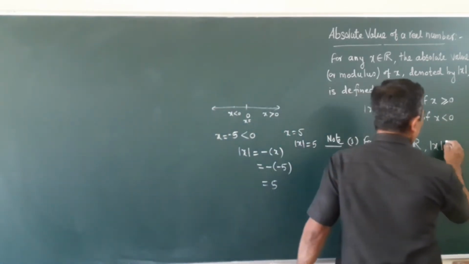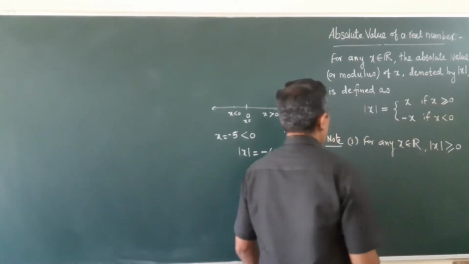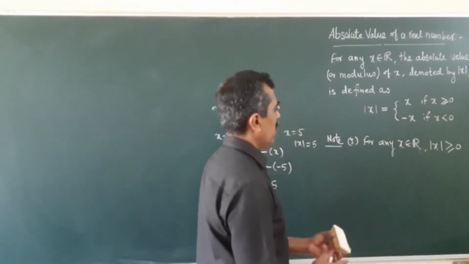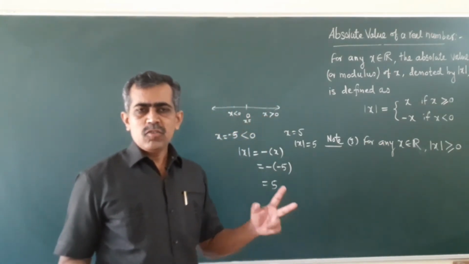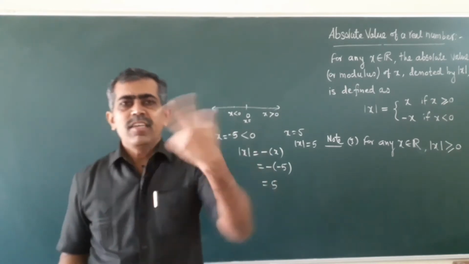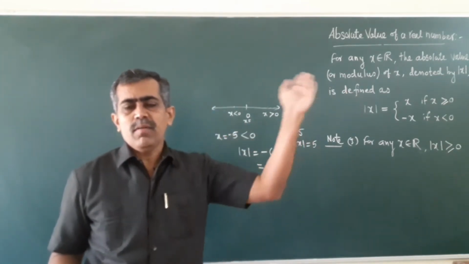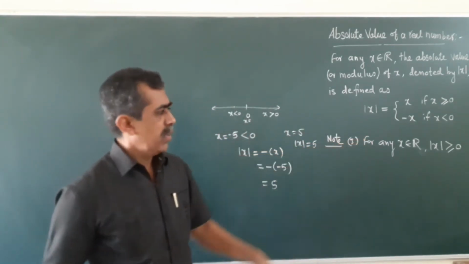So combining, mod x is greater than or equal to 0. So for any real number x, the modulus is positive if the number is negative or positive, and is 0 if the number is 0. That means for all real numbers, modulus is always greater than or equal to 0.